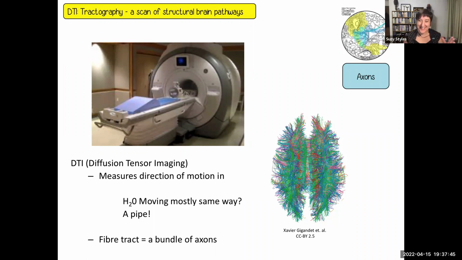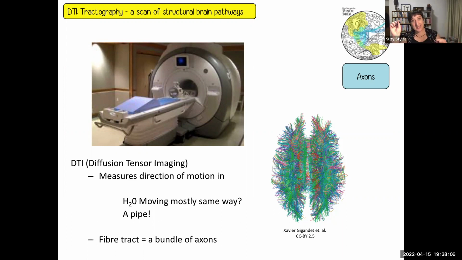And as they do so, some molecules will be more constrained in the directions that they can move. So those water molecules that are outside cell bodies will be able to move in all directions quite freely. Those water molecules that are on the inside of an axon will be very limited in the direction that they can travel.